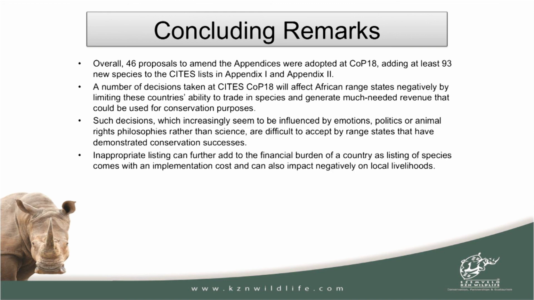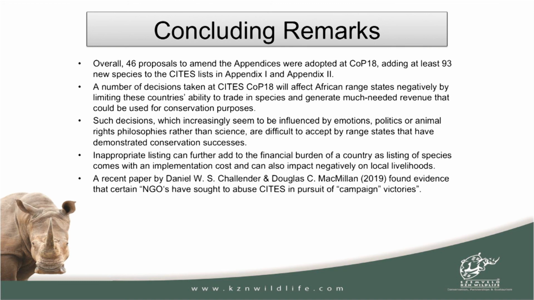So inappropriate listing can further add to the financial burden of a country, as listing species comes with an implementation cost and can also impact negatively on local livelihoods. A recent paper by Challender and Macmillan found evidence that certain NGOs have sought to abuse CITES in pursuit of campaign victories.